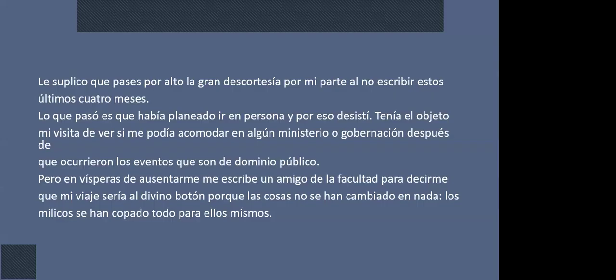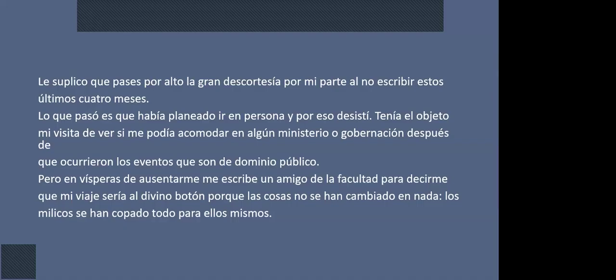So lo que pasó, what happened is that I was planning to go there personally, you know, in person, something like that. And then I changed my mind because of this. So it's too long, very hard to preserve the message, the intention, the purpose of my visit.